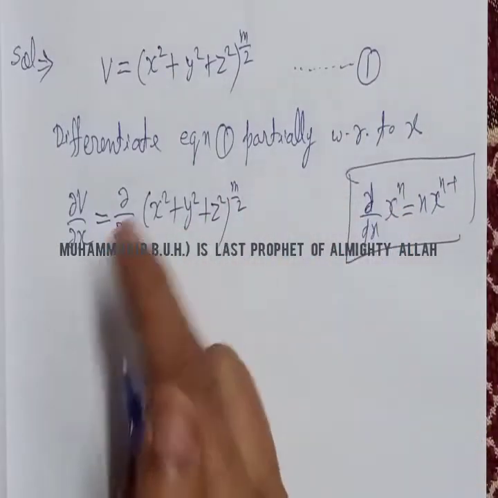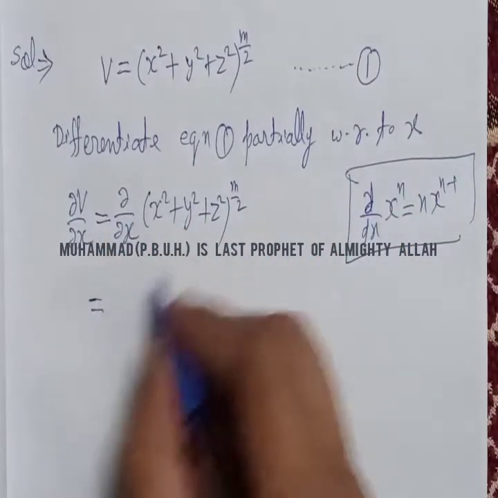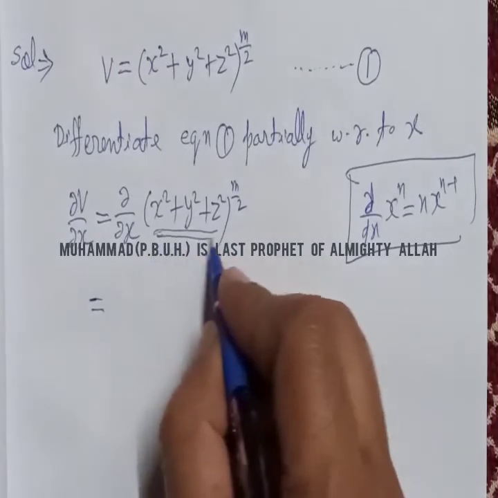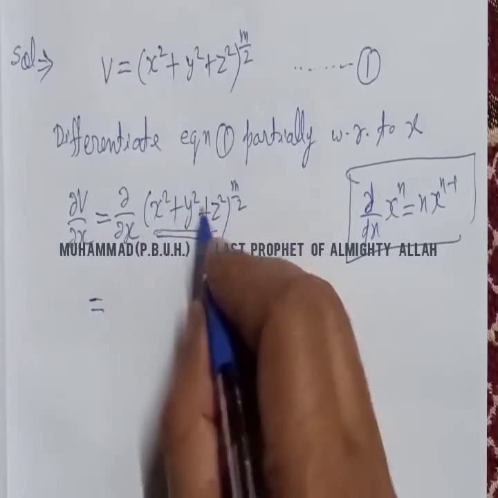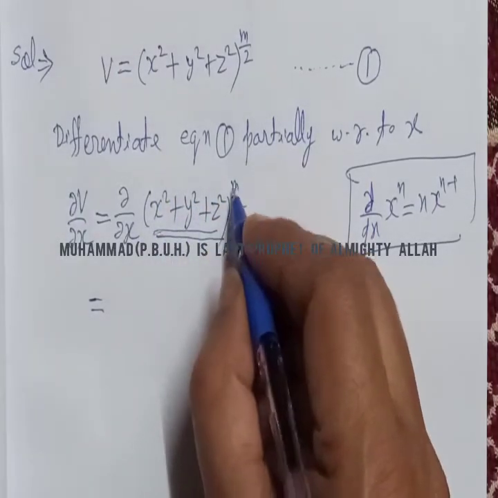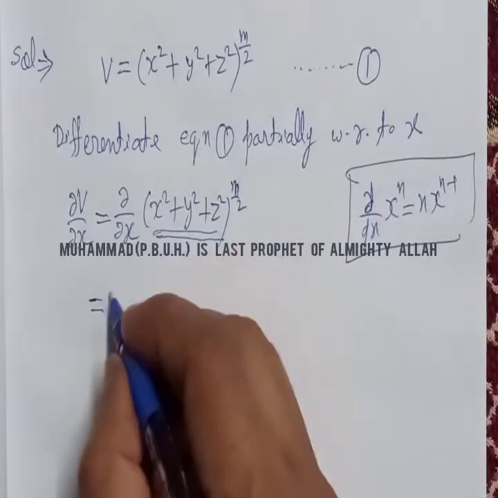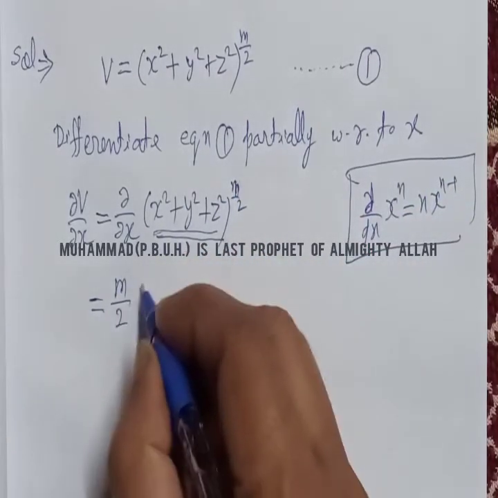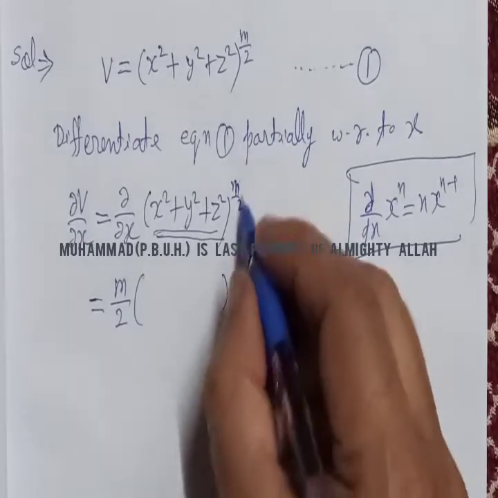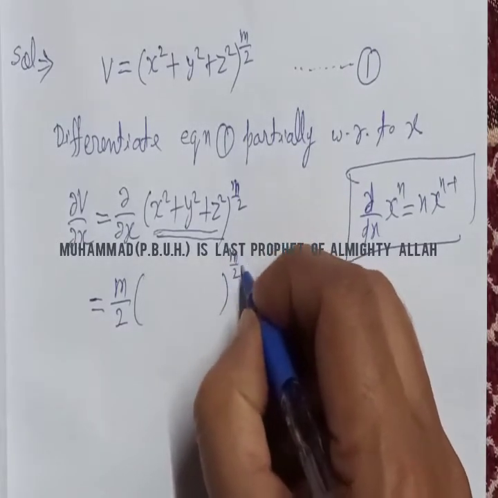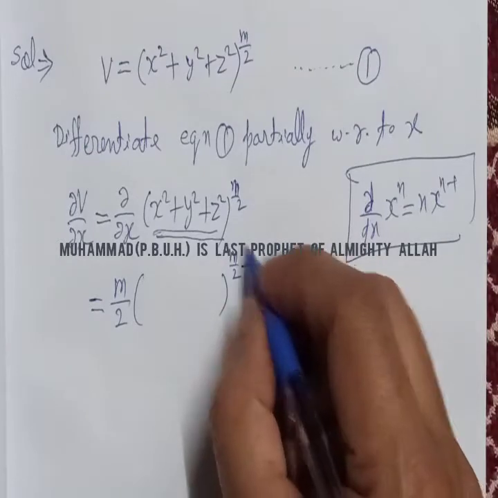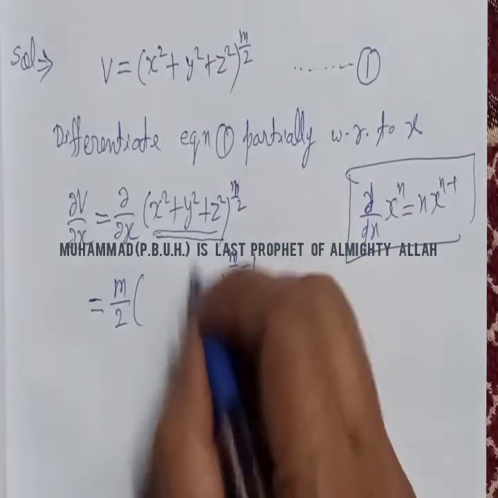After applying this formula, because I consider it as x to the power m by 2, we get m by 2 x to the power m by 2 minus 1.